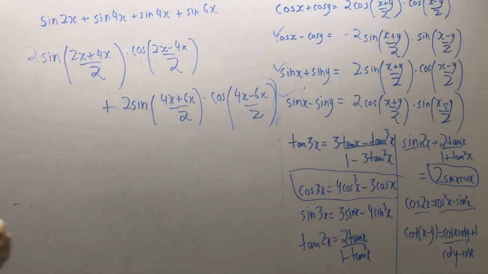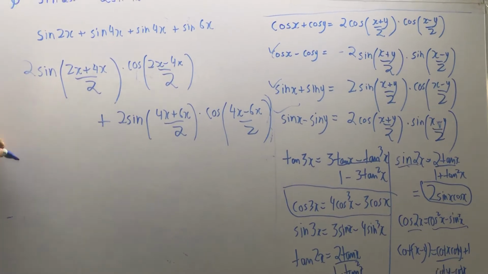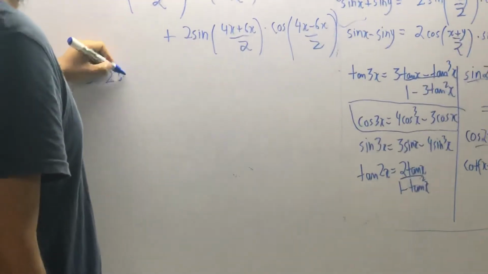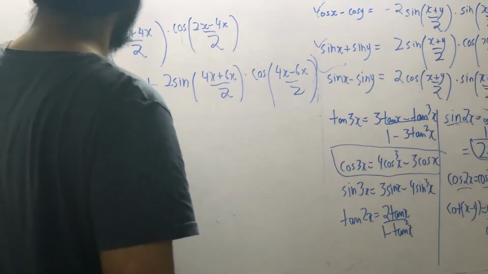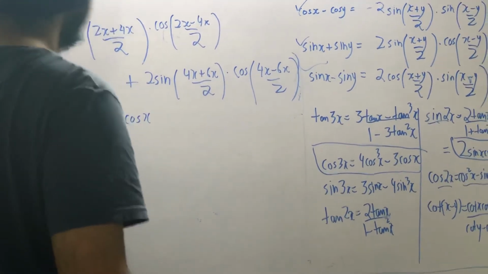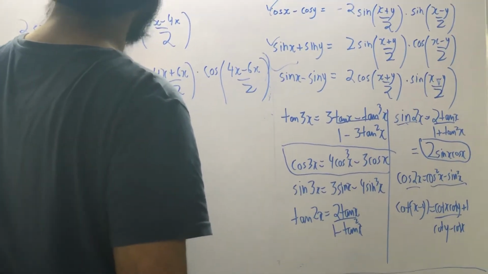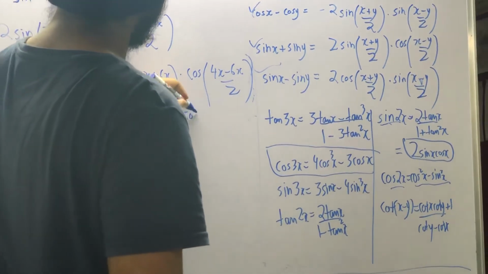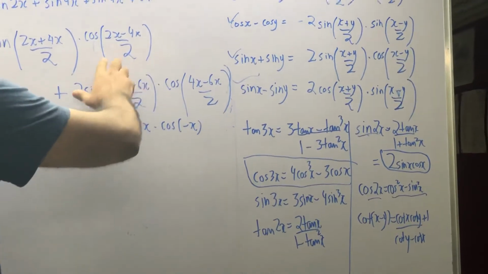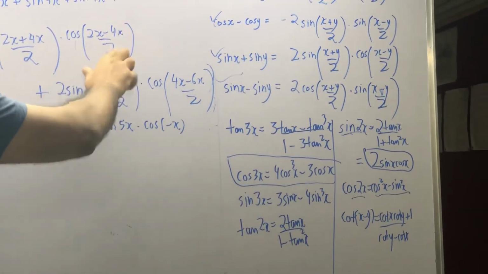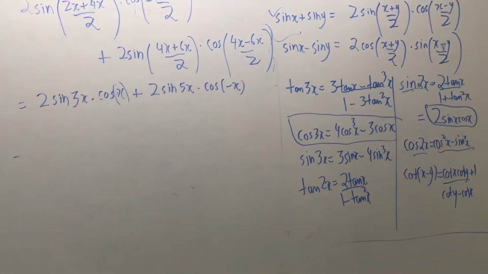Okay, now let us see what happens. Now this one will become 2 sin 3x cos x, plus 2 sin 5x into cos of, actually it is minus x, but I am directly writing plus x because you know that cos of minus theta is cos theta.